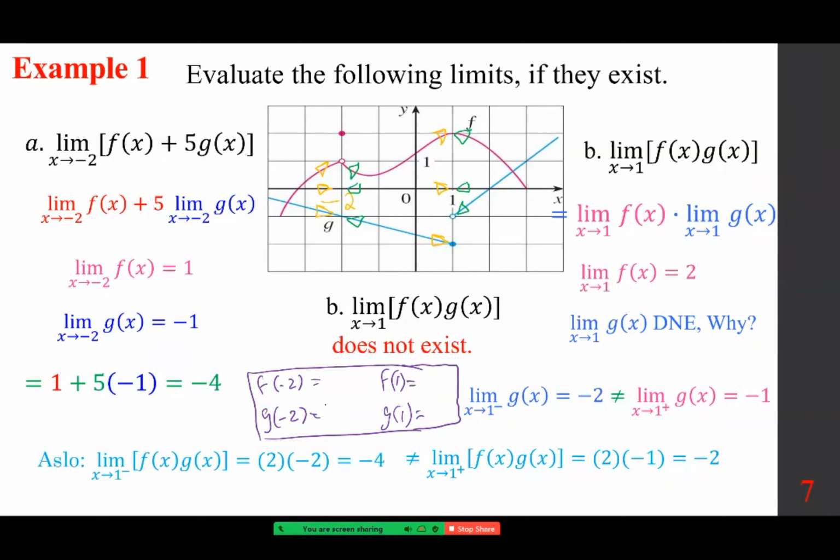So for the f function, the red function, we have a solid dot, and therefore the answer is the y coordinate of that, which is 2.